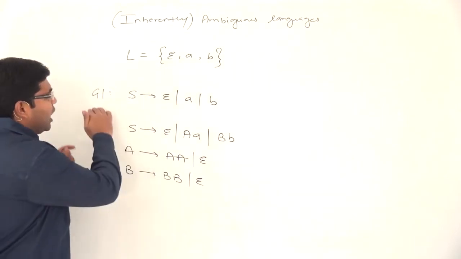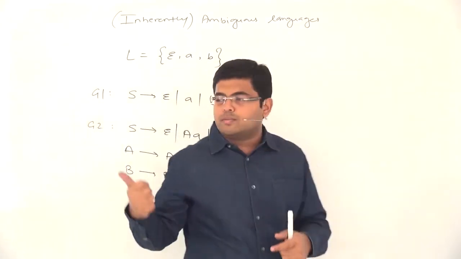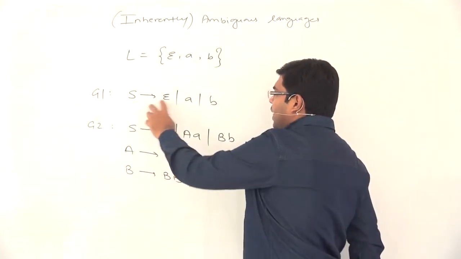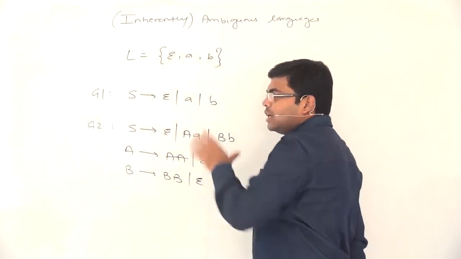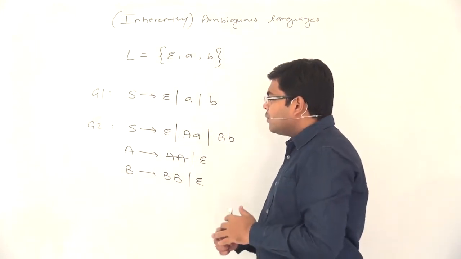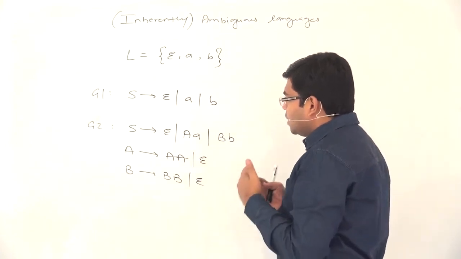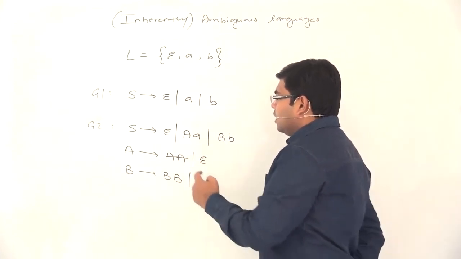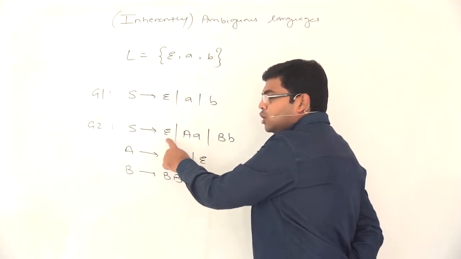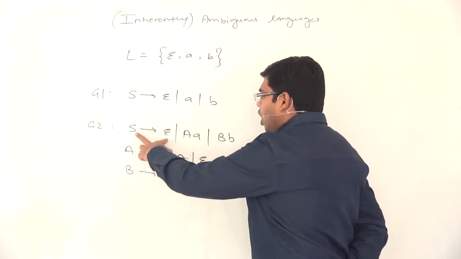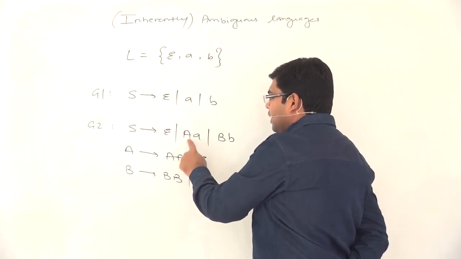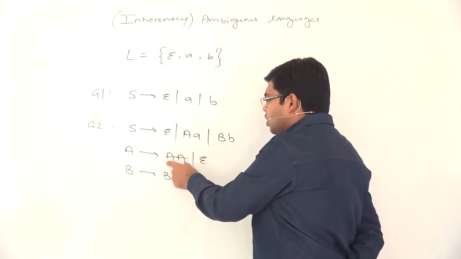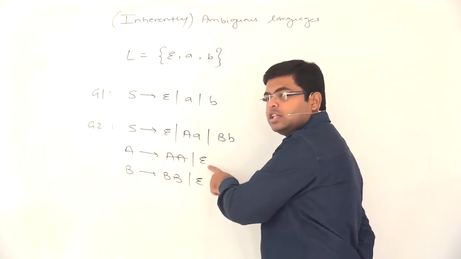Now this first grammar is straightforward. You start with the starting symbol S and replace S with either epsilon or a or b. So grammar G1 directly generates the language L. However, if you observe grammar G2, S will either directly produce epsilon, or when you say S produces capital A, then that A can produce more A's, but after all, every A will finally be replaced with epsilon.